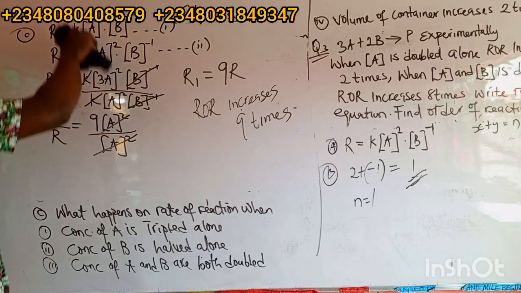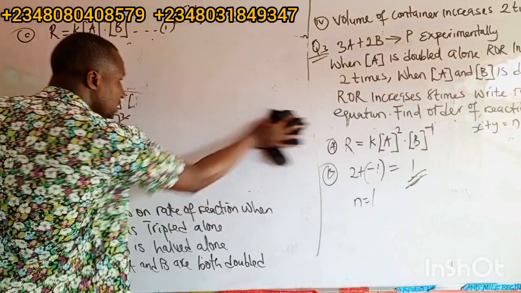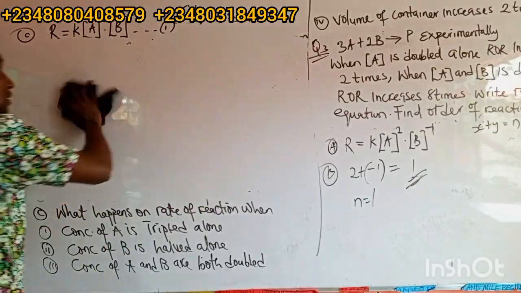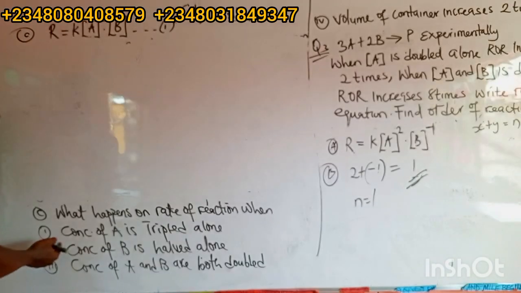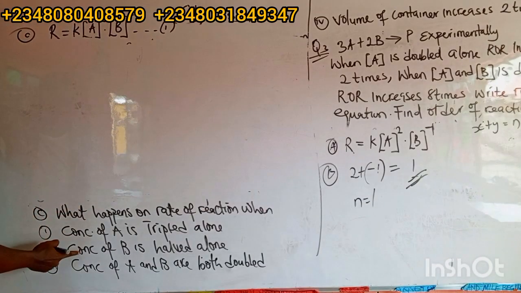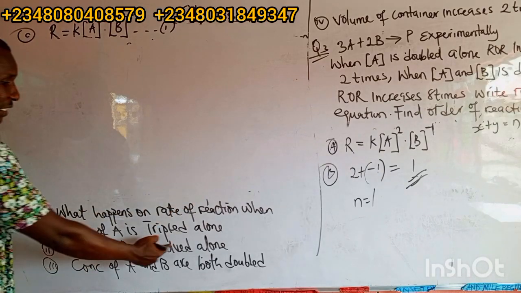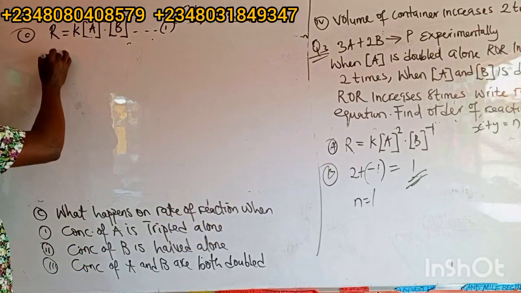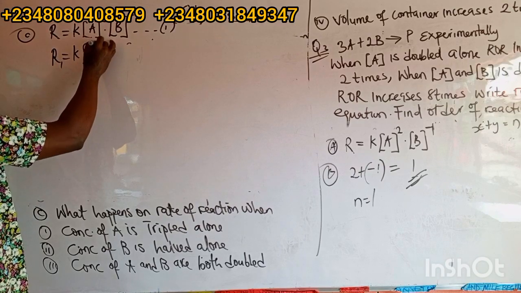I still need equation 1. Okay, for the second one, what happened to the rate of reaction when the concentration of B is halved alone? I have R1 equal to K into A raised to power 2.